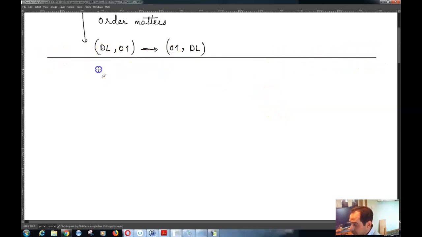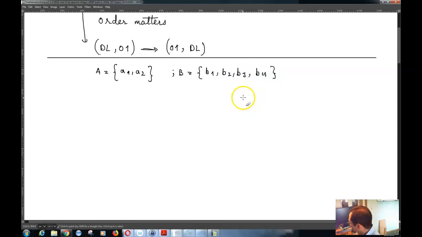You have these two sets, for example, let's call it A equal to A1, A2, and B as B1 through B4, the set B as B1, B2, B3, and B4. So now A times B would be basically the set of all of these ordered pairs.